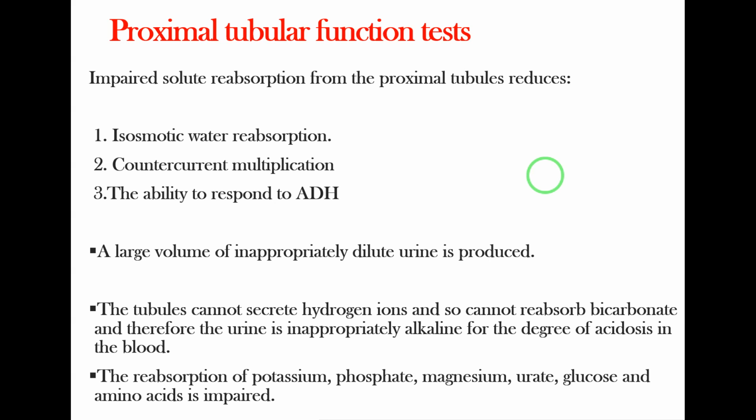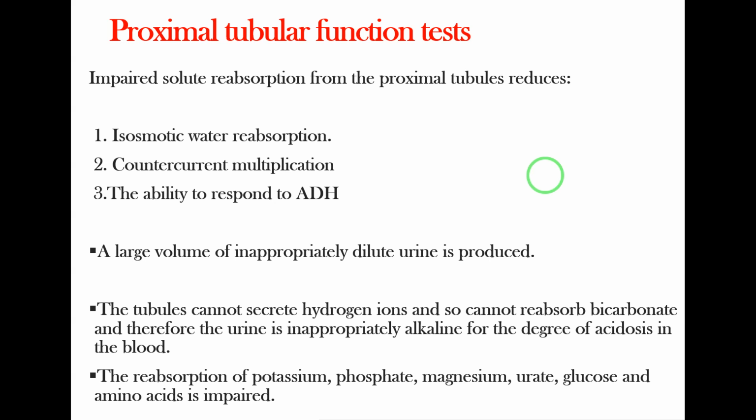The other process that will be impaired if we have a proximal tubular defect is the countercurrent multiplication, which is an active process that occurs in the loop of Henle, in which a high osmolality is created in the renal medulla. Because of the high osmolality of the renal medulla, water reabsorption occurs and the urine produced is of low volume and high osmolality.